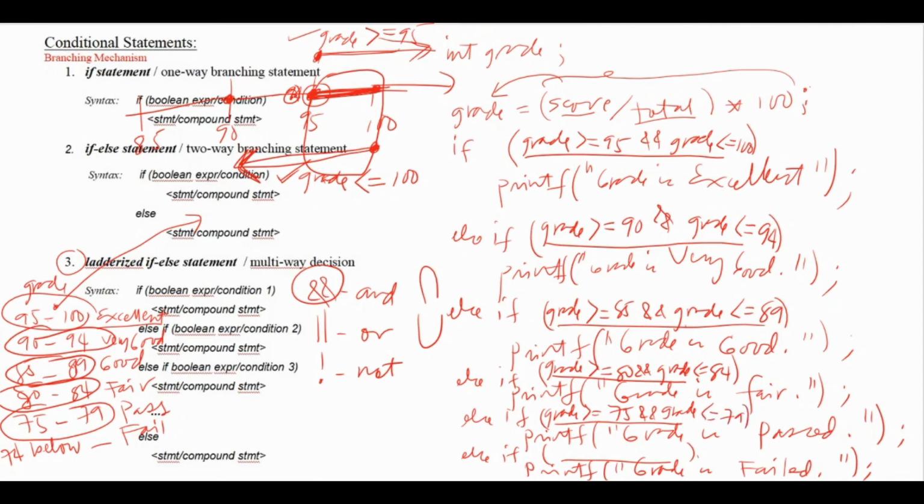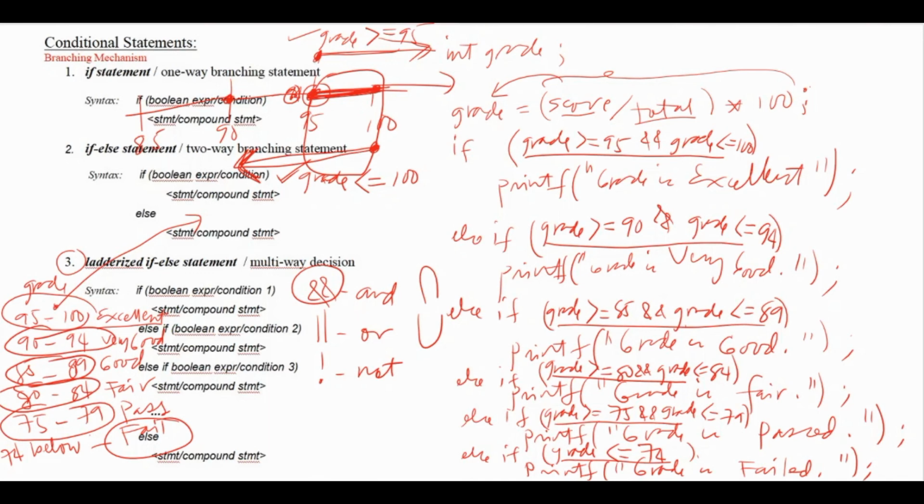And lastly, for the fail below 74, we would say if grade is less than or equal to 74, then the output is that grade is failed.